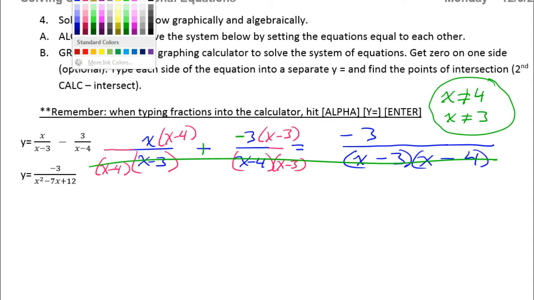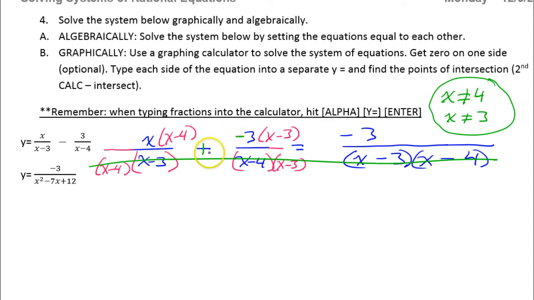That thing about the negative 3, that's crucial. A common mistake is not to distribute the negative. So in a minute, when I do the distributive property with this 3, I'm not going to distribute 3, I'm distributing negative 3. That's crucial. I should get a positive 9, not a negative 9. Anyway, so I am going to distribute.